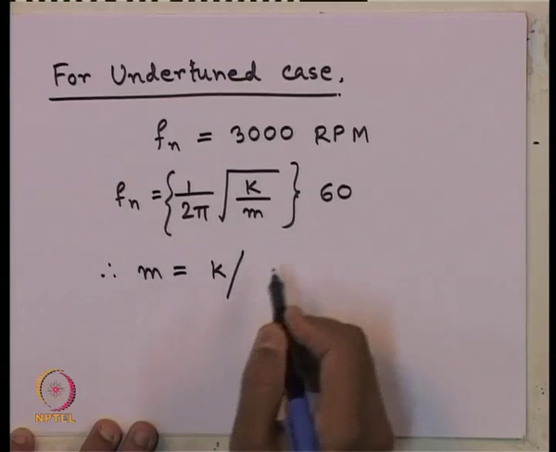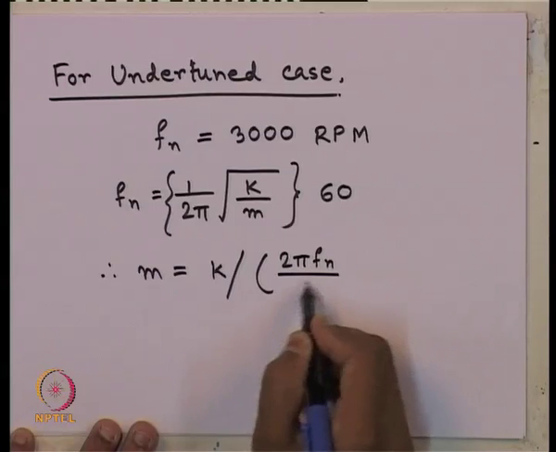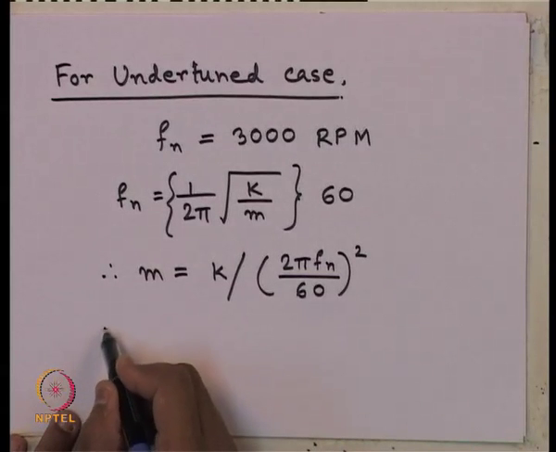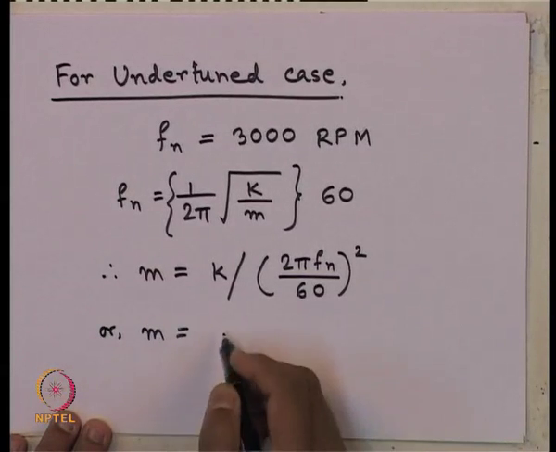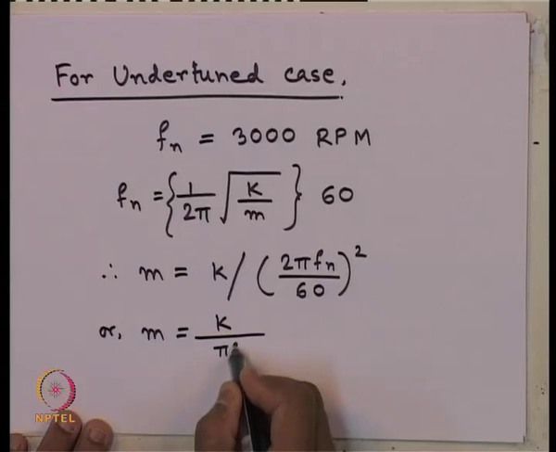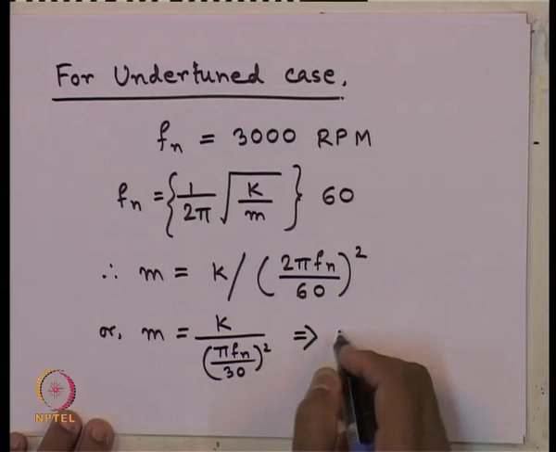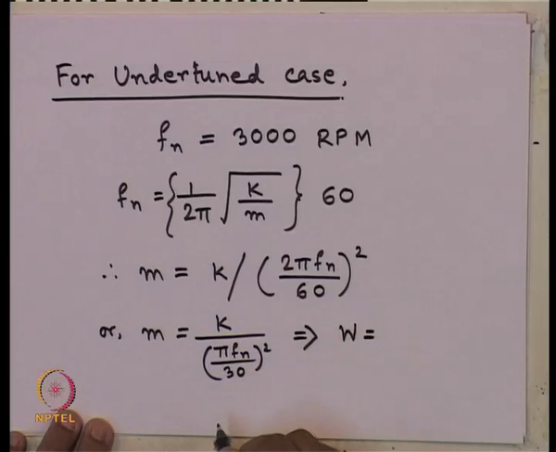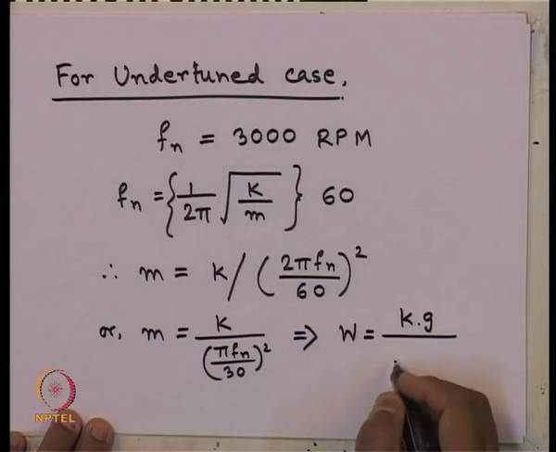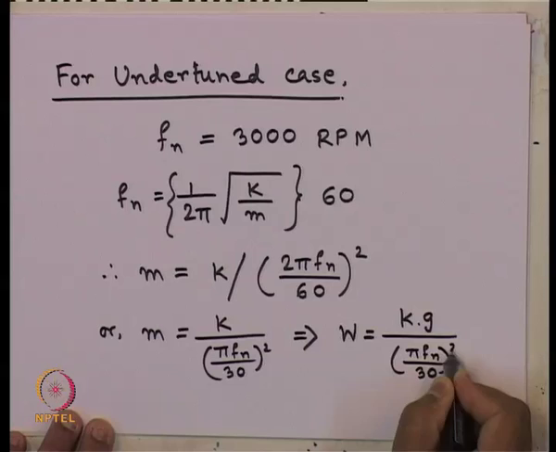Therefore, m comes out to be k by 2 pi Fn by 60 whole square, or m equals to k by pi Fn by 30 whole square, which will give us weight W as k times g by pi Fn by 30 whole square.